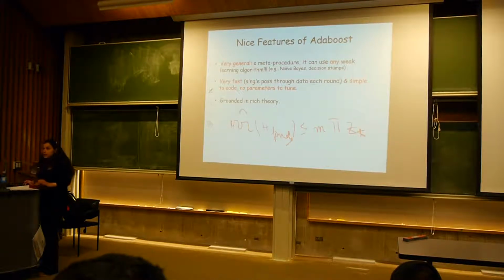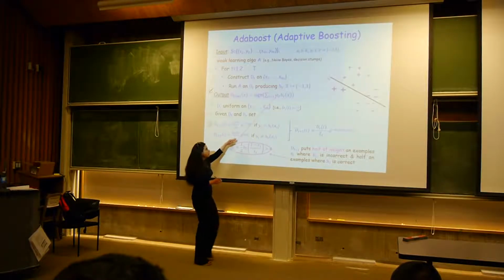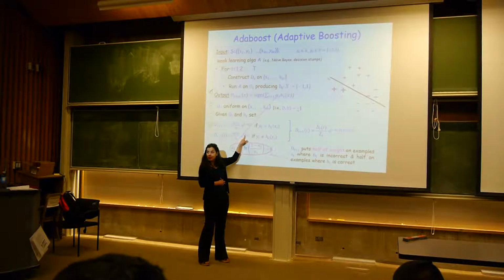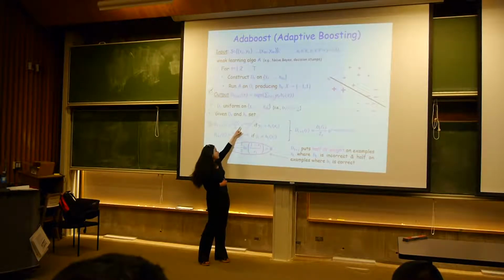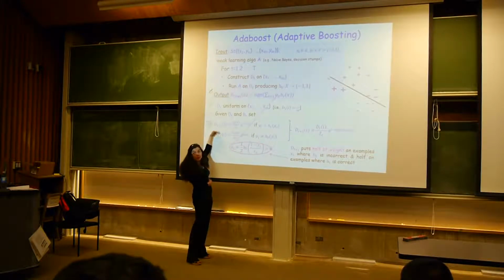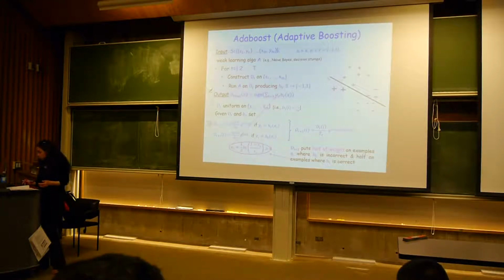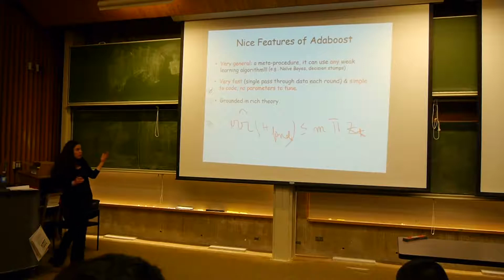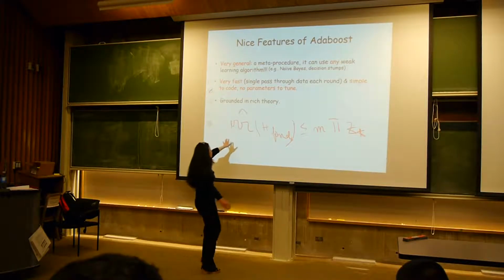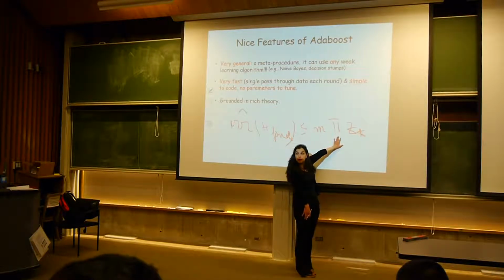If we go back here, we have to create this distribution Dt+1. We increase the weight on the incorrectly classified examples in a multiplicative fashion and decrease the weight on the correctly classified examples, but then we have to renormalize. So Zt is a normalization factor that makes sure that everything sums up to 1. And we concluded that the empirical error rate of the final classifier is upper bounded by m times the product of the normalization factors.